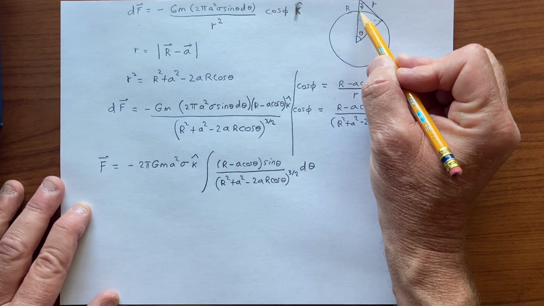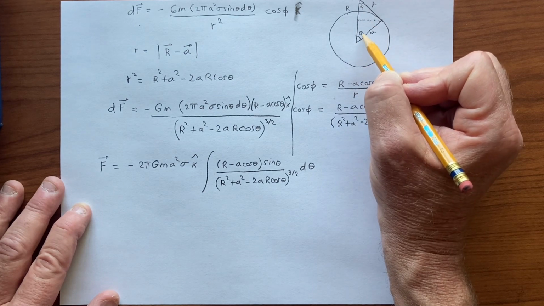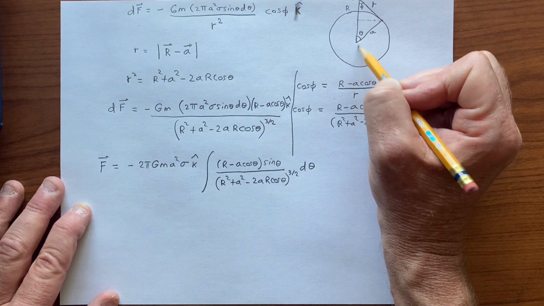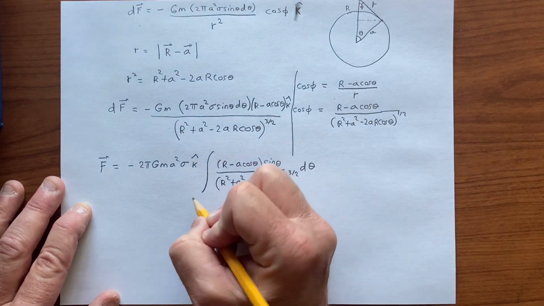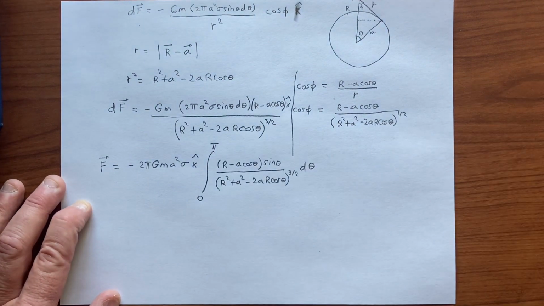Theta is a little ring here, so theta is 0 all the way to a little ring down here, and so theta goes to pi. So we're going from 0 to pi in theta.